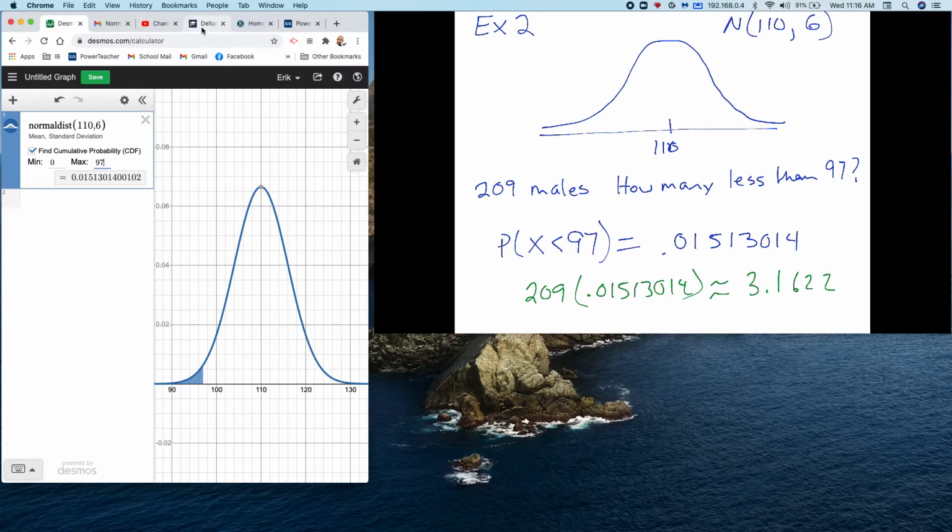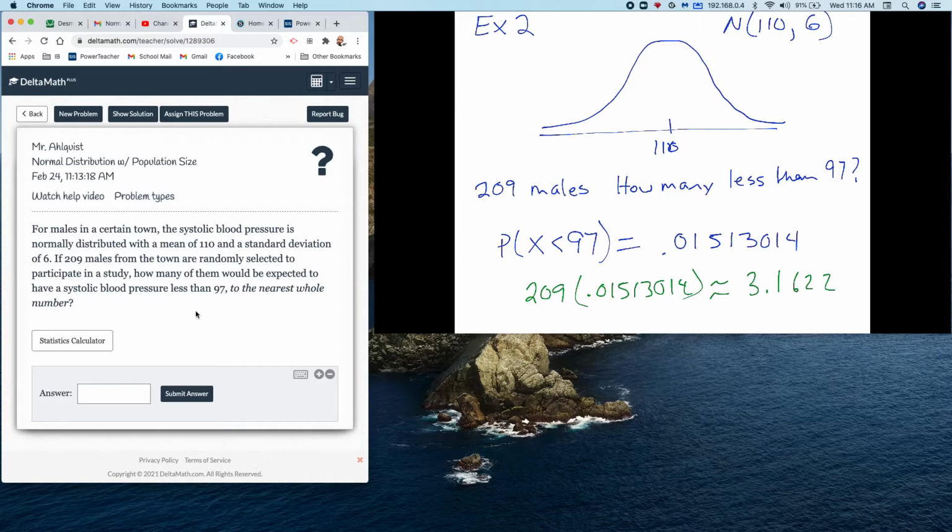And if I go back to the question, it asks us to round to the nearest whole number. The nearest whole number is around 3 males.